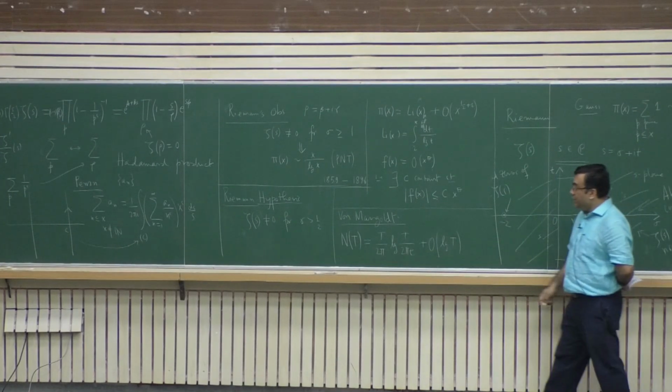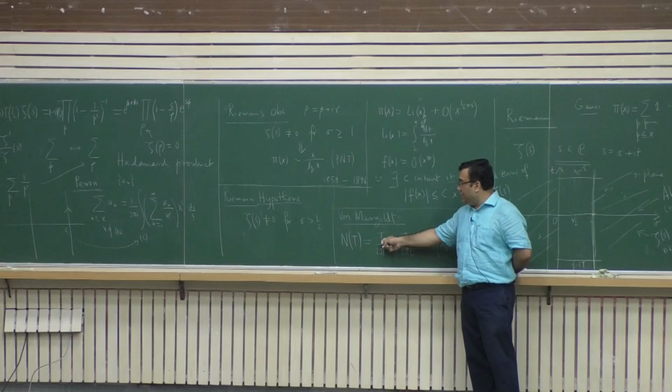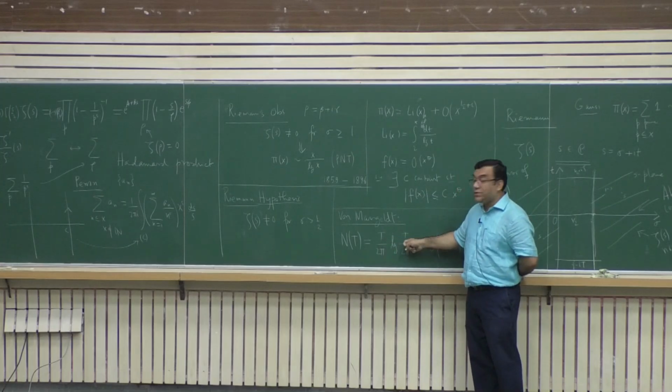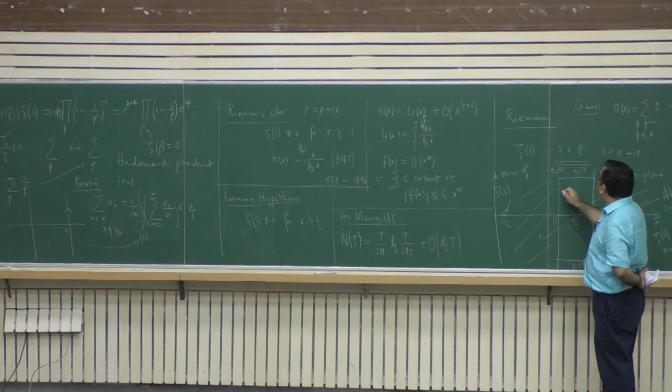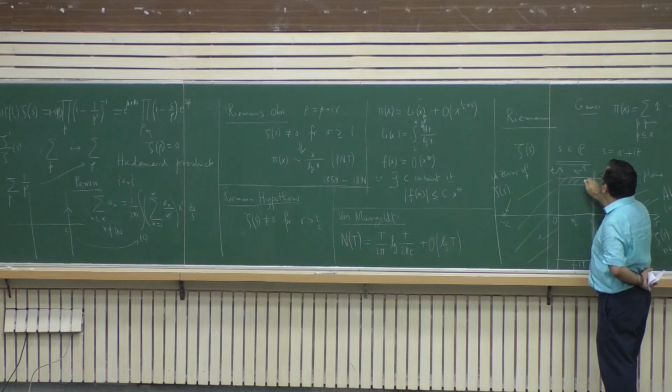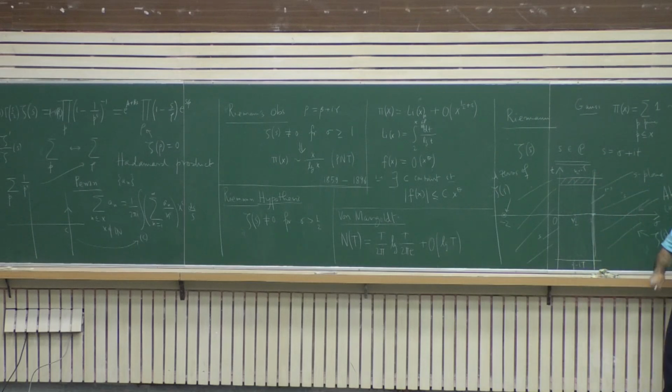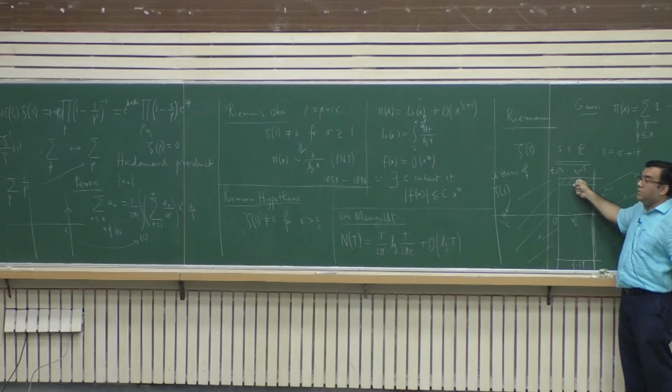That means there are quite a few zeros. Really. It's not only T, there are T times log T. So that means if you take a box here of width 1, then the density of zeros in this box is measured.